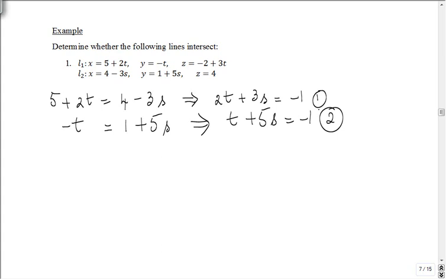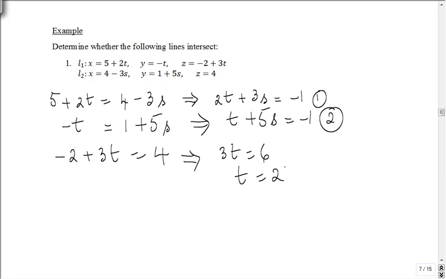And the third equation, minus 2 plus 3t equals 4. Now this is quite easy, right? Because the third equation, we can easily find what t is. Good. So let's find t. This implies 3t equals 6, so t equals 2.